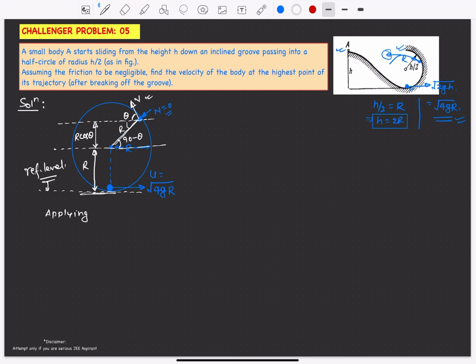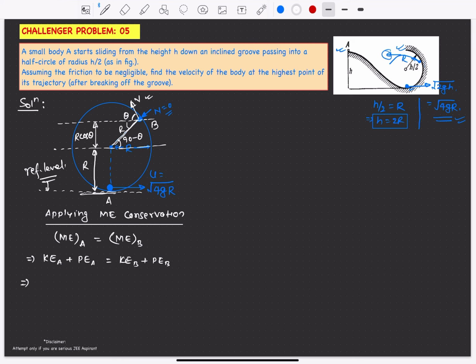See here, let's assume this is position A and this is position B. Mechanical energy at position A equals mechanical energy at position B: kinetic energy at A plus potential energy at A equals kinetic energy at B plus potential energy at B. Kinetic energy at A is half m u square.